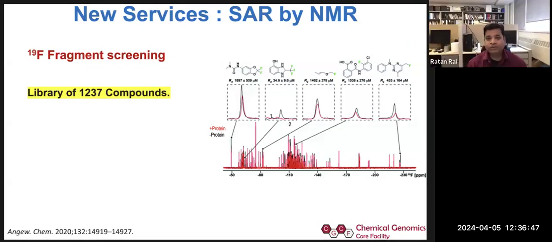Not really. Generally we are looking at a change in the fluorine environment, whether it is interacting with your protein or not. Suppose there is a mixture of 10 compounds, and we are looking at the particular interaction, whether it is binding or not. If it is not binding and it's minding its own business, then you will not see any interaction with the protein.